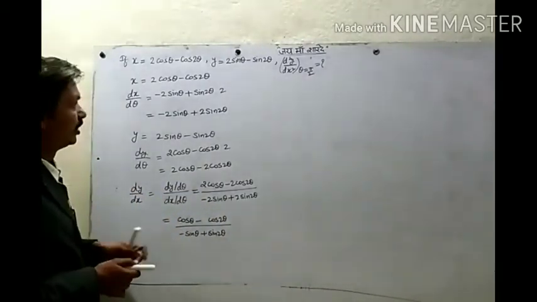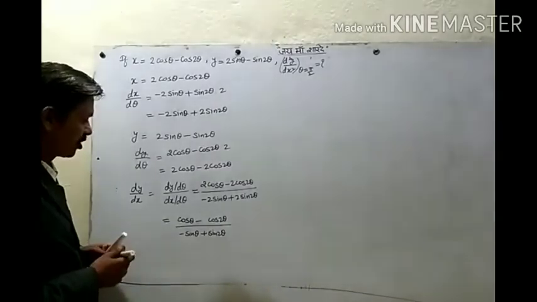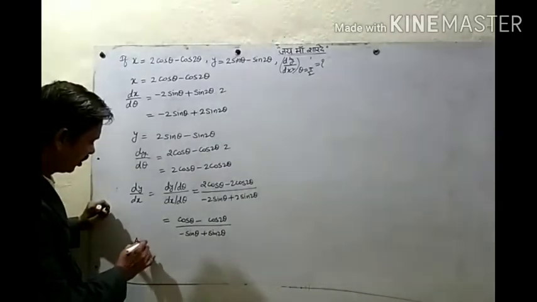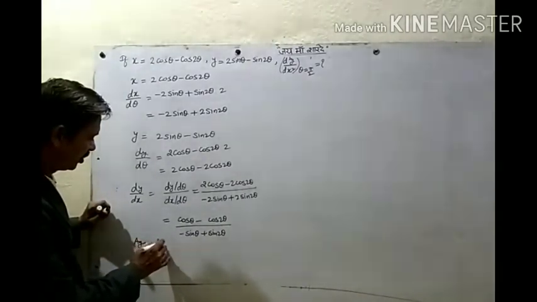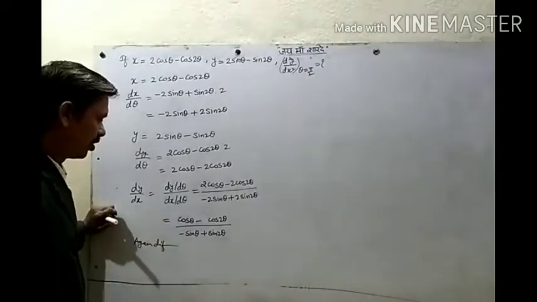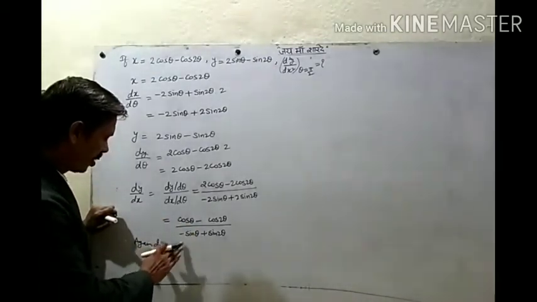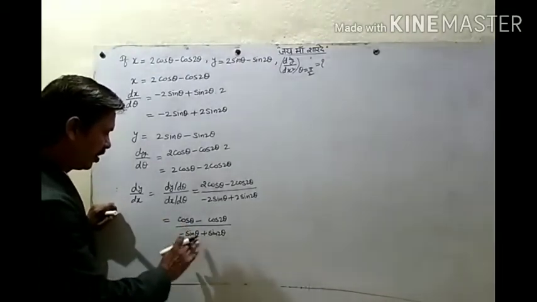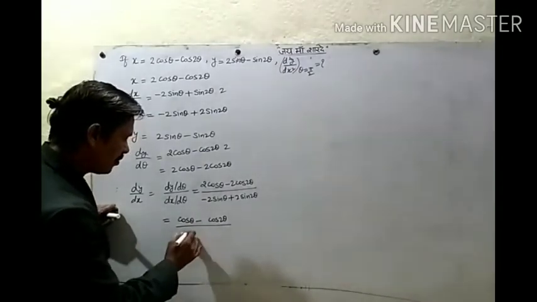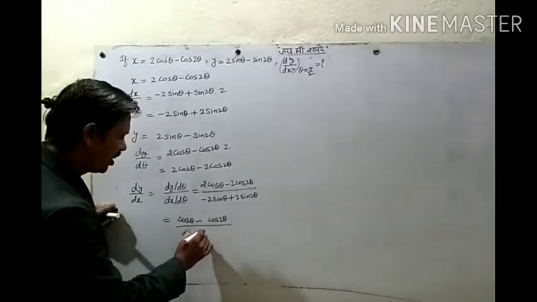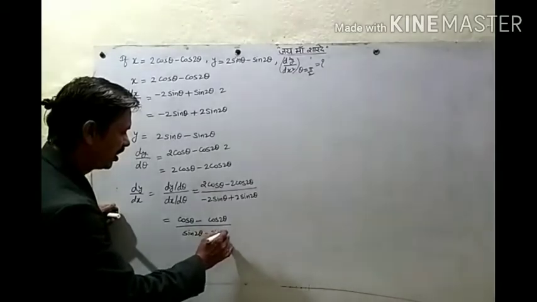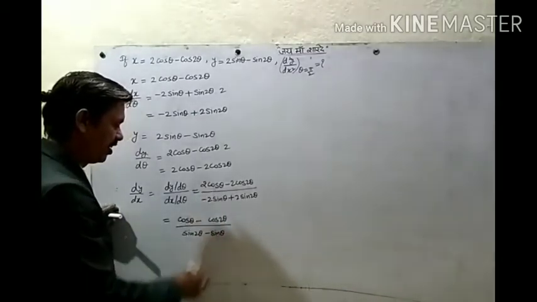Now we need d2y by dx square, so we differentiate again. But first, can we simplify this part? This can be written as cos theta minus cos 2 theta upon sin 2 theta minus sin theta.